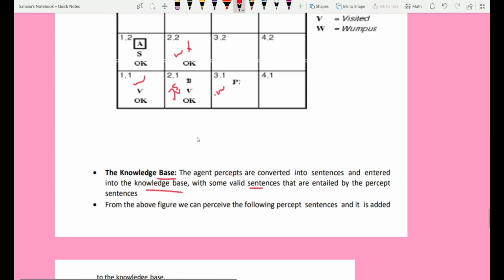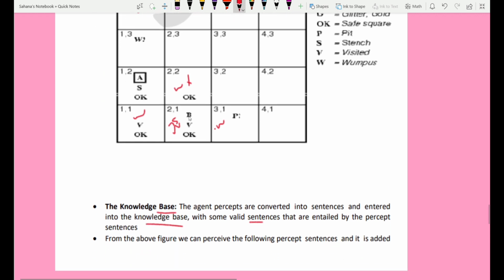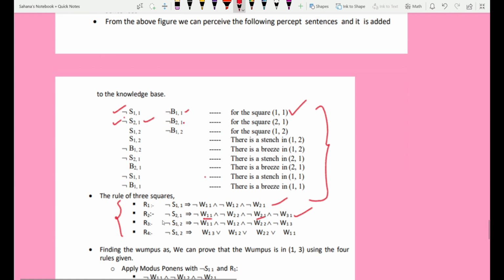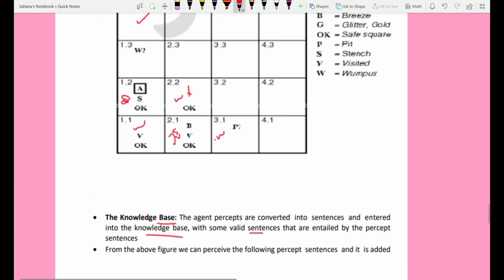The negation of S12 here: if there is no stench in 1,2, then the Wumpus won't be there here and here.